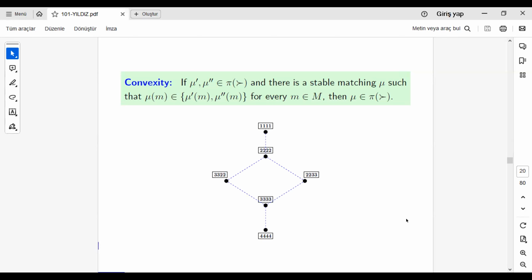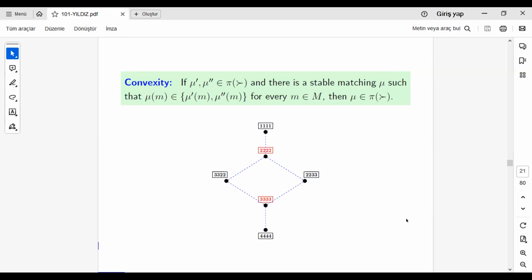It is not immediately so easy to grasp what this is saying, but let's look at this example of a lattice, with 6 stable matchings here. The one at the top, every man is getting his first best. The one at the bottom, every man is getting his fourth best. And there's a diamond in the middle that I need not put into words. So there are 6 stable matchings.